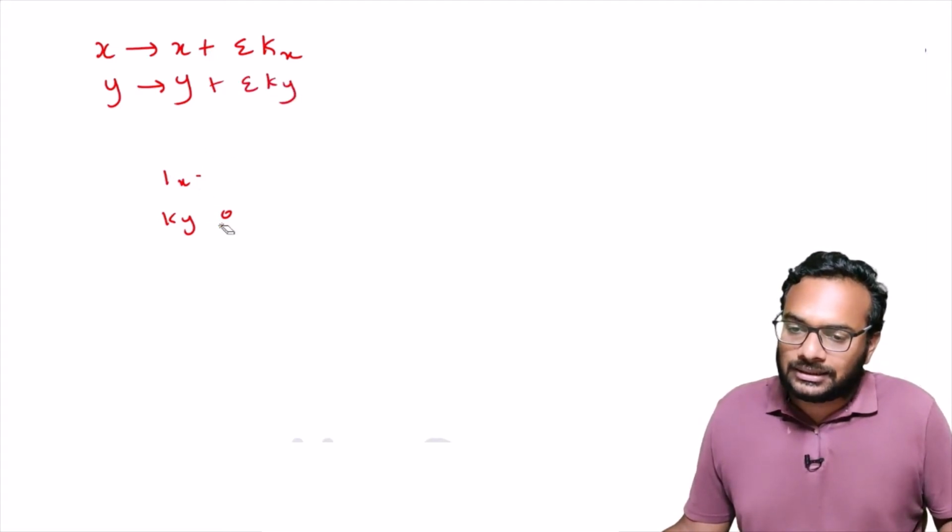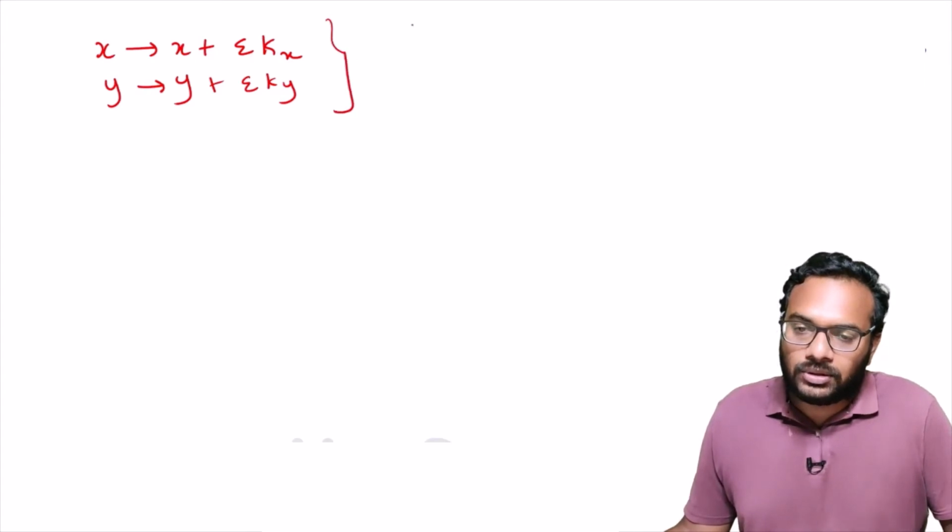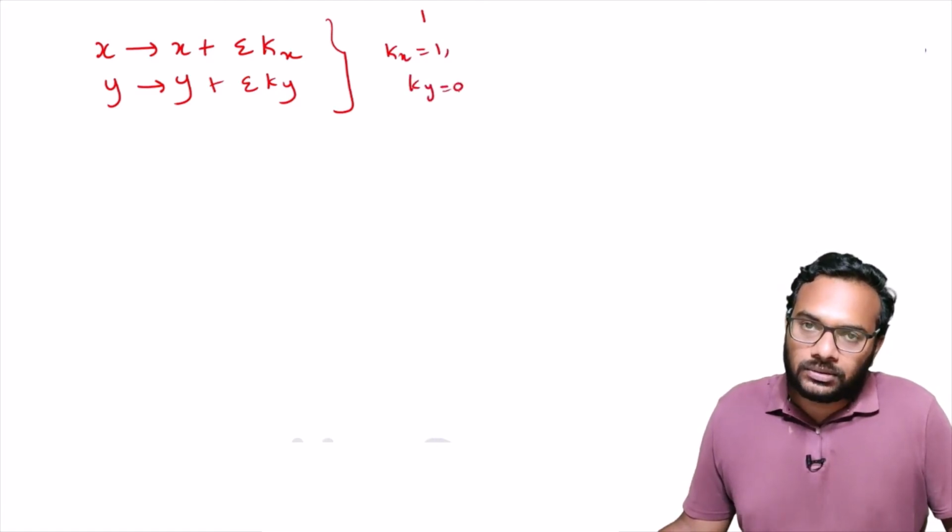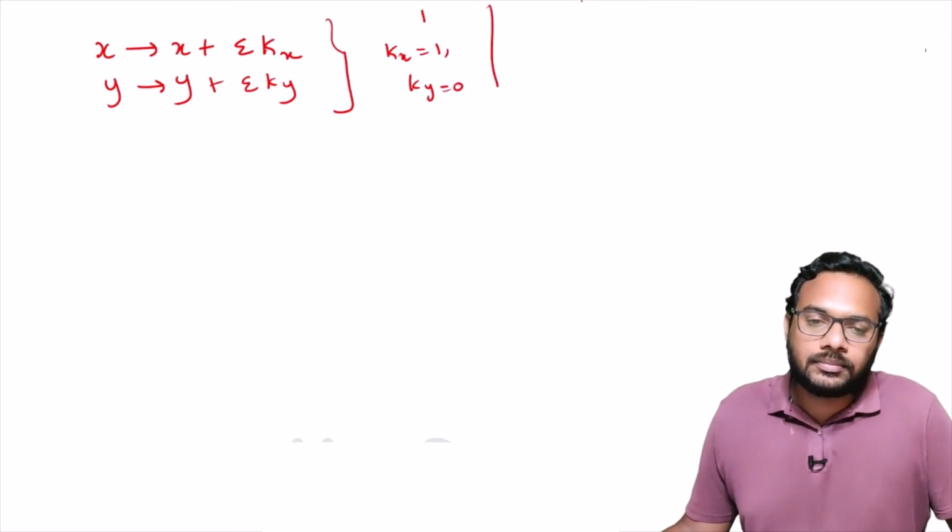Now there are two symmetry transformations that we can talk about. One symmetry transformation is this: we take kx equal to 1 and ky equal to 0. And the second symmetry transformation, we'll take kx equal to 0 and ky equal to 1.